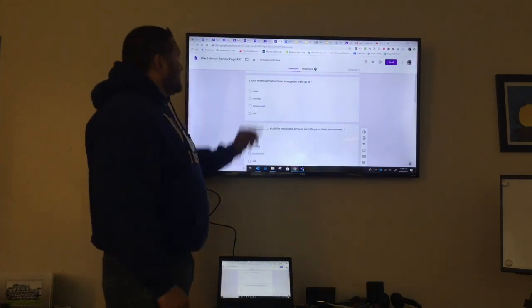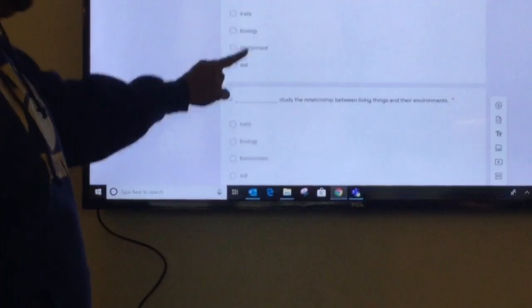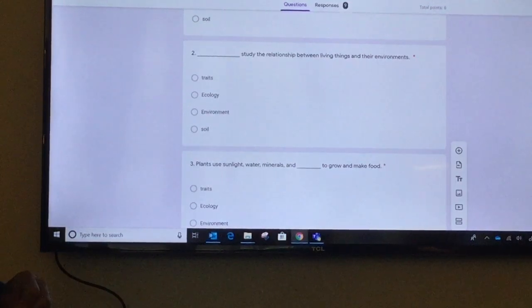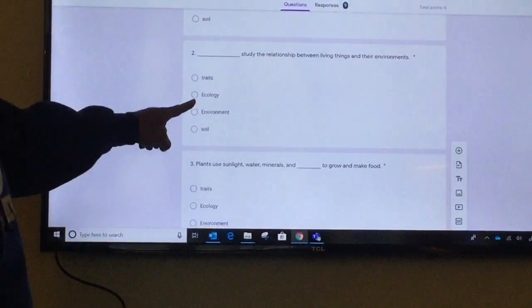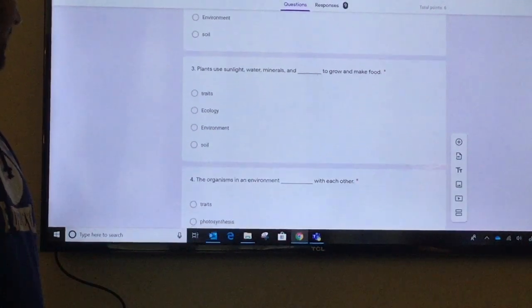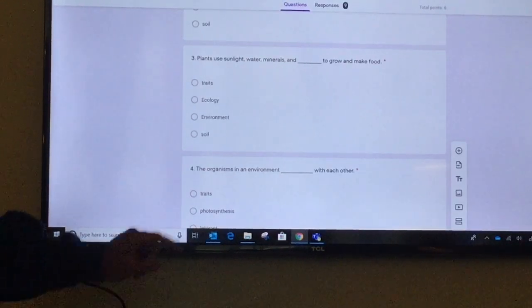All of the living things that surround an organism make up its environment. The study of the relationship between living things and their environments is called ecology. Plants use water, sunlight, minerals, and blank to grow and make food.